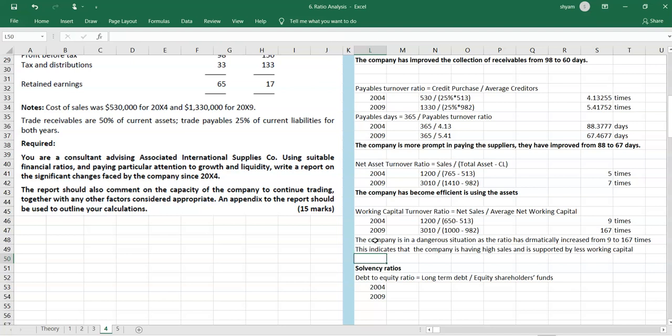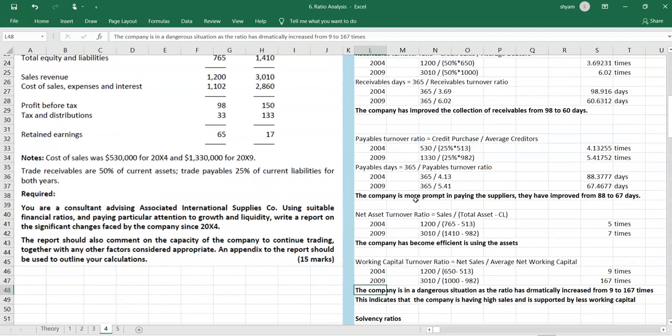Okay, so we can't say it is very good. It's actually very bad. The sales has increased 3 times, dramatically. Earlier the working capital was roughly 140, but now the working capital has become 18. So the working capital has reduced so substantially. This is a dangerous situation because the company does not seem to have a good liquidity position.